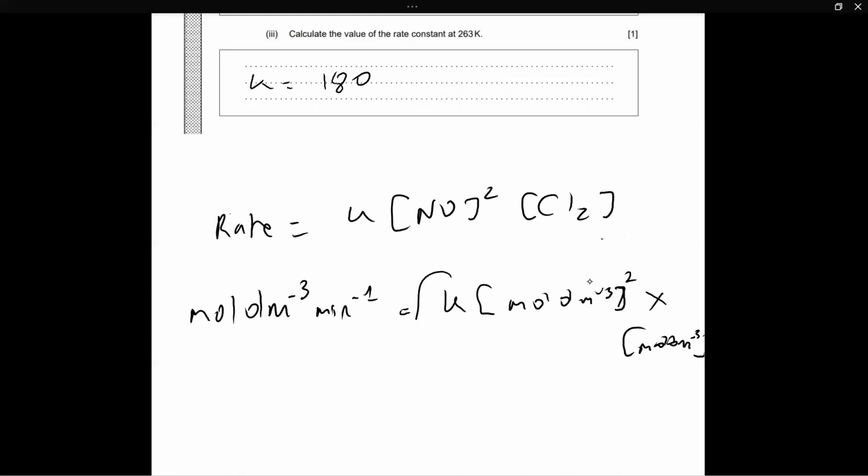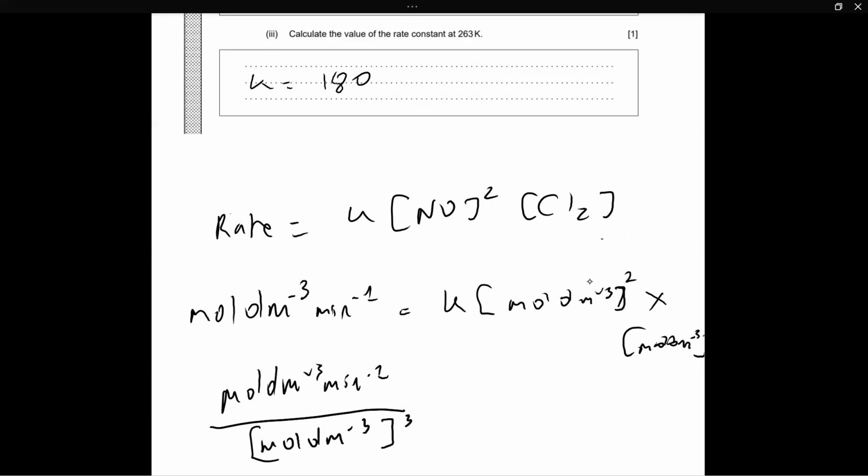And if you want to find out the units of K, same thing, just isolate K. So that we carry over all of this to this side. And basically, it's mole dm cubed per minute divided by mole dm cubed to the power of 3, because again, it's the same logic as before.